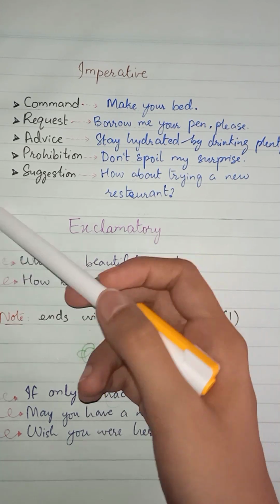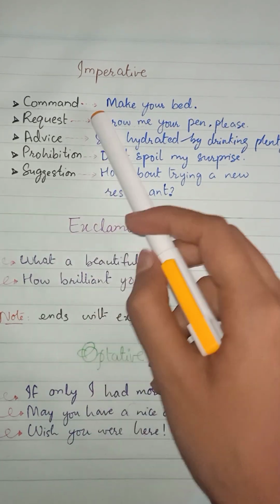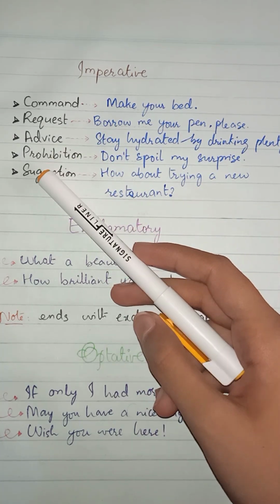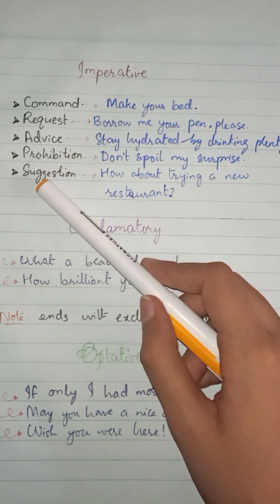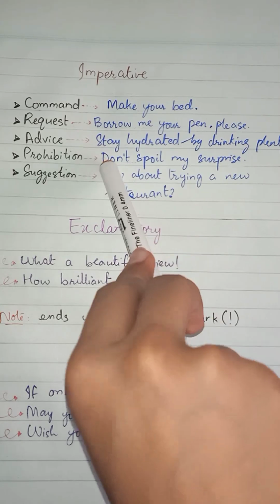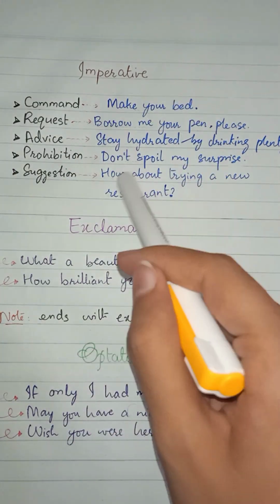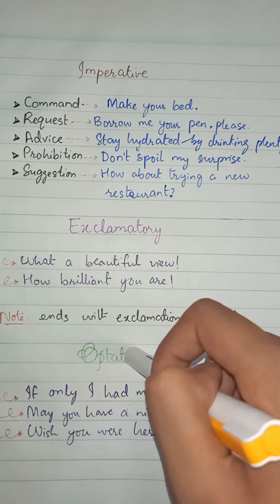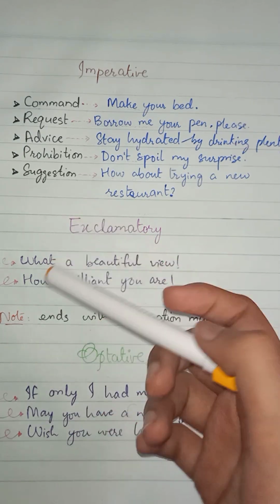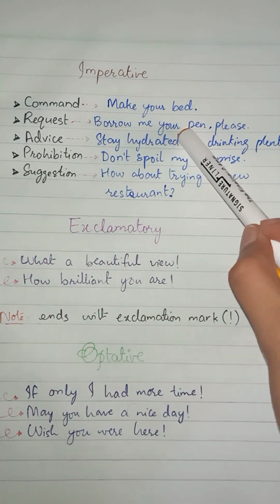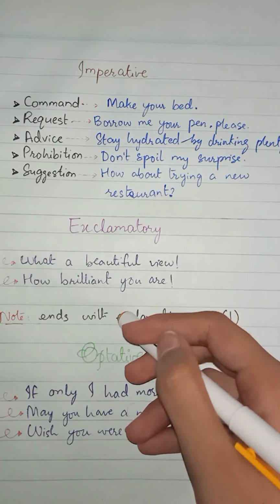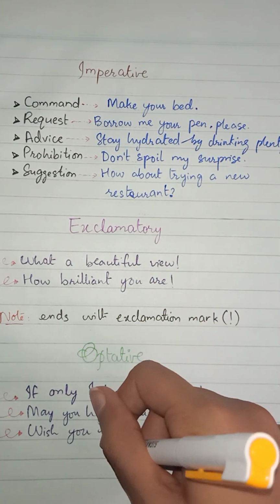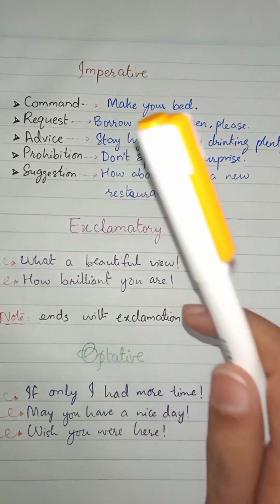In terms of command, you can say make your bed, or clean your desks, right? This is an example of an imperative sentence. Or in terms of request, you can say please help me, please lend me your pen, lend me your book. So these are examples of requesting imperative sentences.